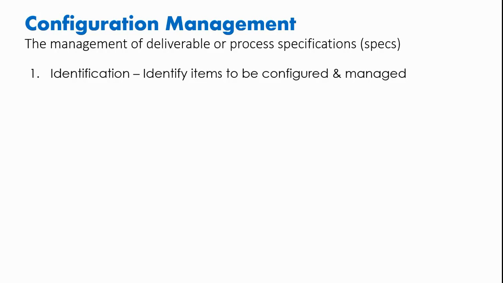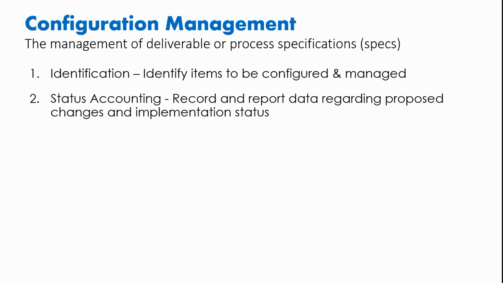So after you identify what exactly you are trying to configure and manage, you go to the next step, configuration status accounting. And this is where you record the particular aspects or items that need to be configured, that need to be tracked, these specifications. And this is where you also report data regarding proposed changes to certain specs and the implementation status of those changes.